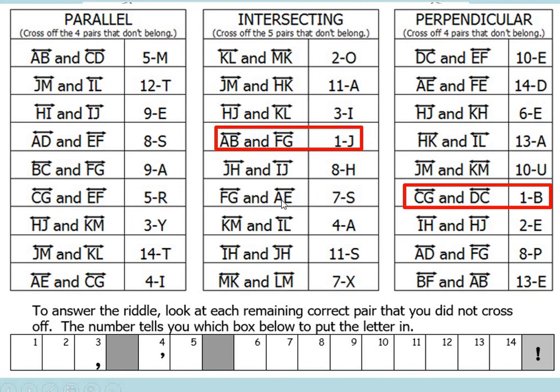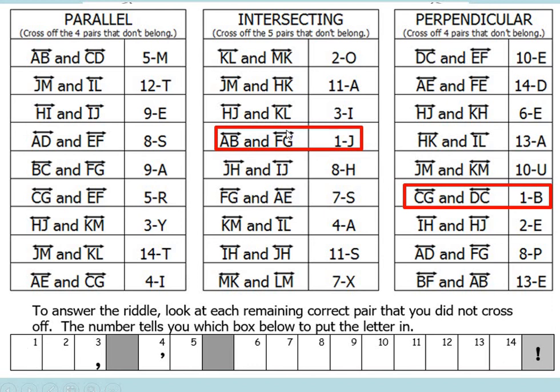So a good hint for that would be the fact that there's going to be, in this puzzle, two pairs up here that use that same number. So for example, for number 1, there's a pair under intersecting, and there's a pair under perpendicular that both have that number 1. So either the letter J or the letter B is supposed to go down here in the riddle box.